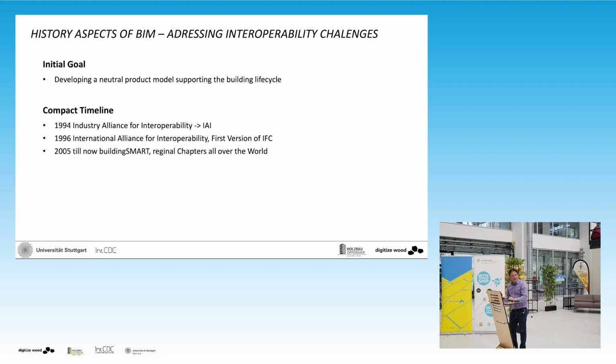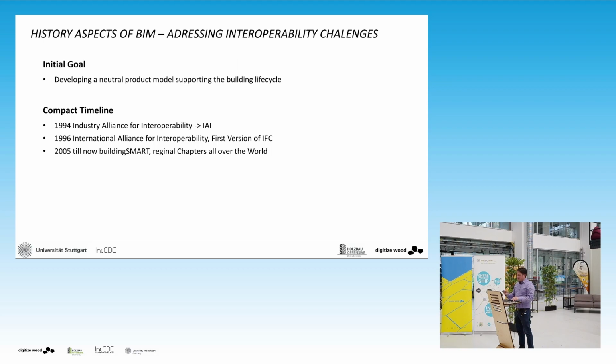So in 1994, there was an Industry Alliance for Interoperability founded to somehow try to solve these issues. And they later changed to the International Alliance. And with that, in 1996, they had the first version of IFC. With that product model, they tried to overcome these issues.